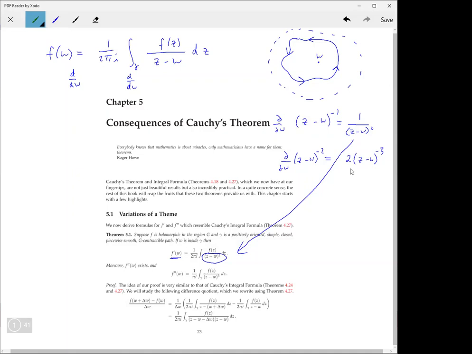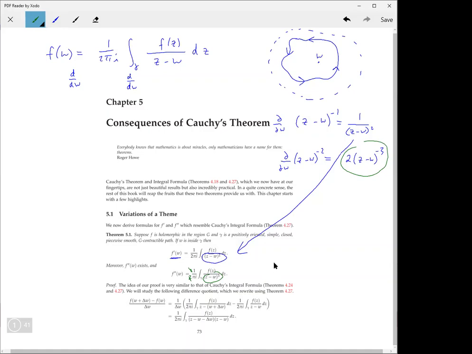Do you notice that there's no 2 right here, because that 2 canceled with this 2?